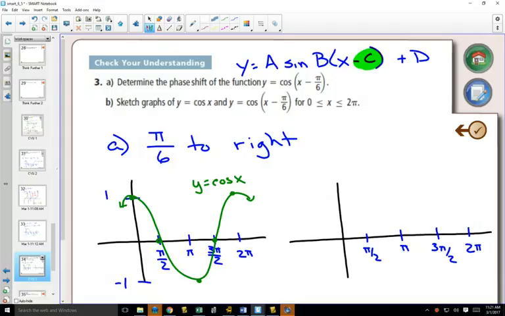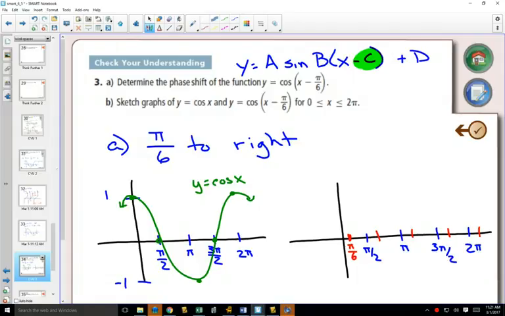So we originally had a point at 0, right? Think of pi over 2 as 90 degrees. Think of pi over 6 as 30 degrees. This line here should be about 1/3 of the way. So I'm going to mark 1/3 over, 1/3 over, 1/3 over, 1/3 over for each of those.